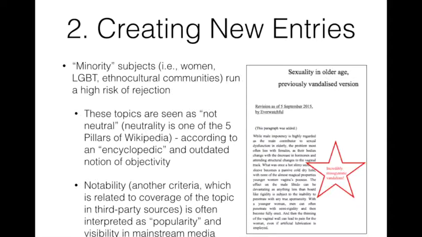But the problem with this is that if one topic, for example, is popular or highly visible in the media, it will have many third-party sources that will have produced articles about it or videos or something like that. Whereas if your topic is about a less popular subject, like a minority subject, or defending a minority point of view on some topic, it will get less attention, and it will be harder to defend the notability of your subject.